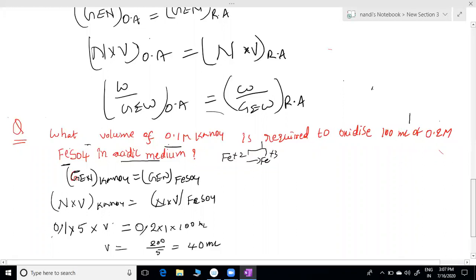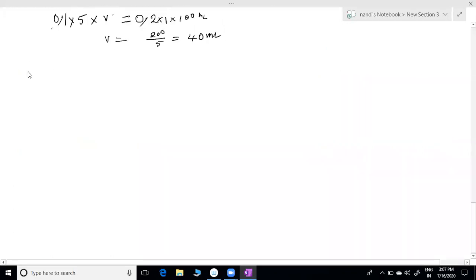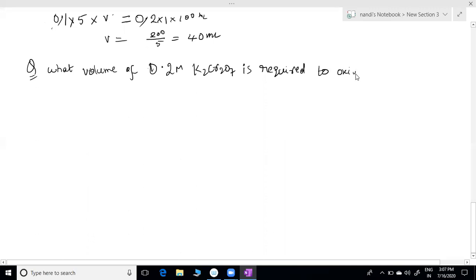Try one more question. Similar model, I just changed the components here.